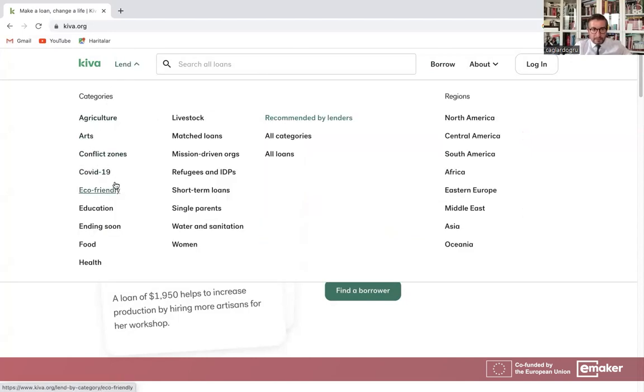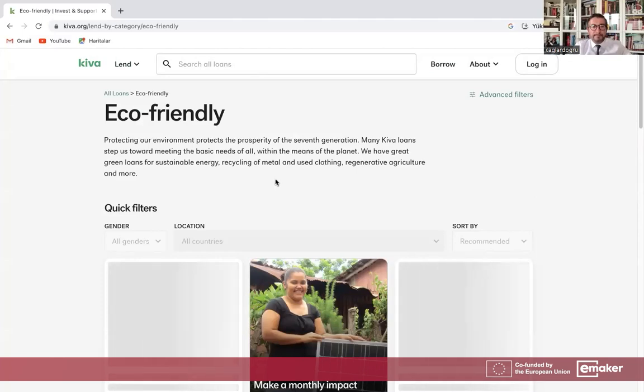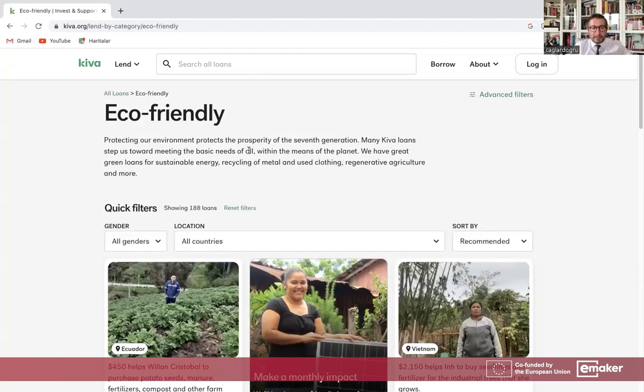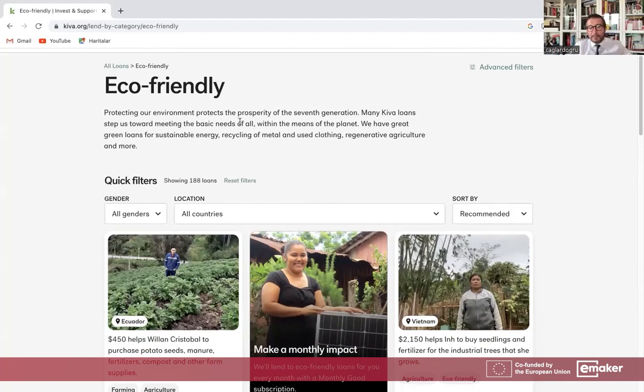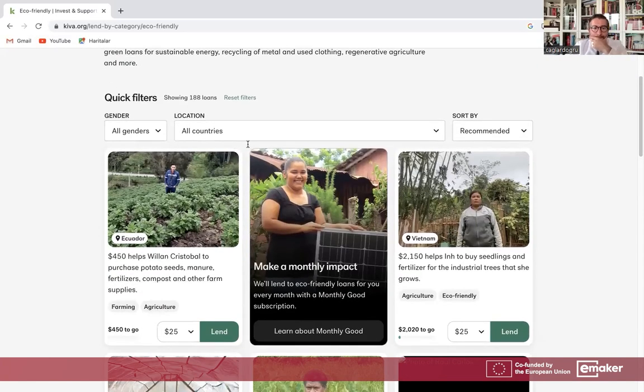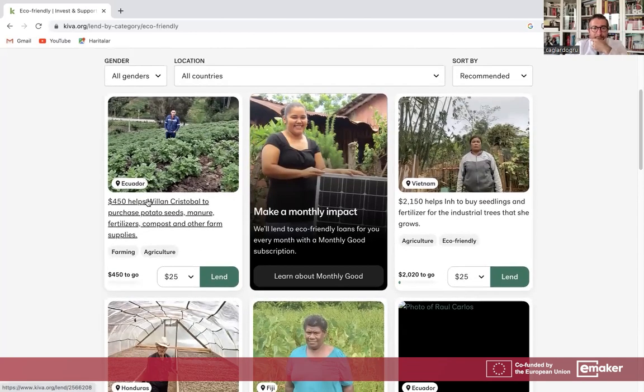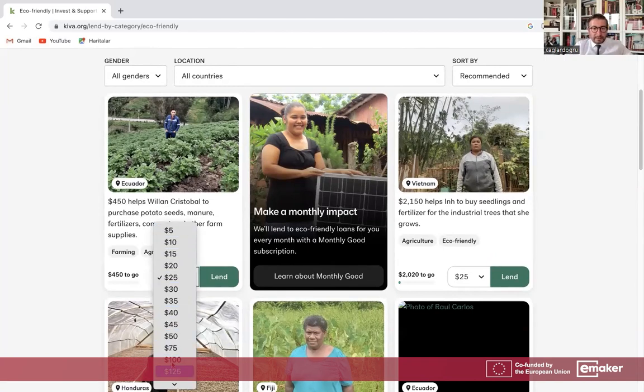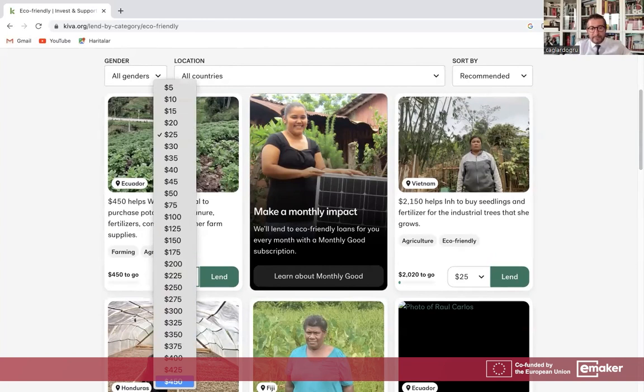For lending, there are categories: agriculture, arts, conflict zone, COVID-19, eco-friendly. Let's have a look at the eco-friendly tab here, because we have all mentioned these topics up to now. Protecting our environment protects the prosperity of the seventh generation. Yes, of course. For example, from Ecuador, you see that in order to purchase potato seeds, manure, fertilizers, compost, and other farm supplies, there are amounts up to $450.